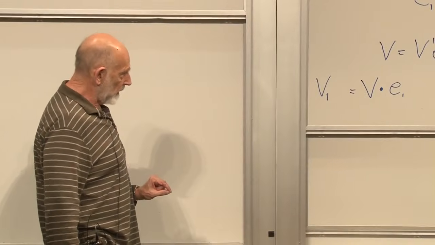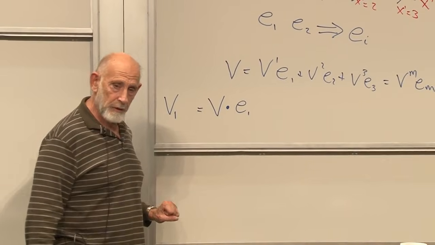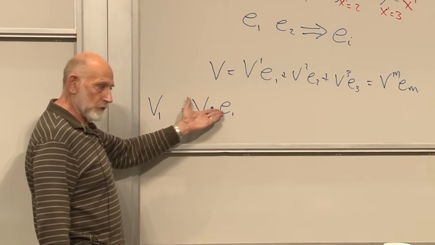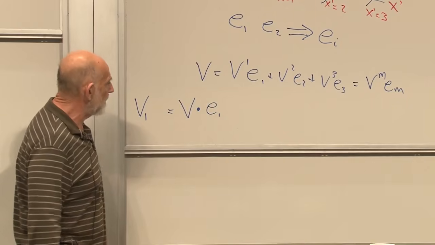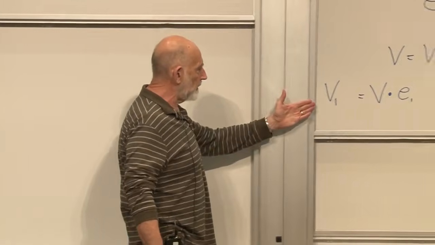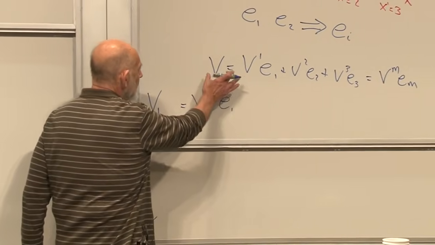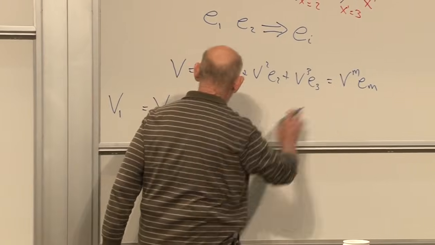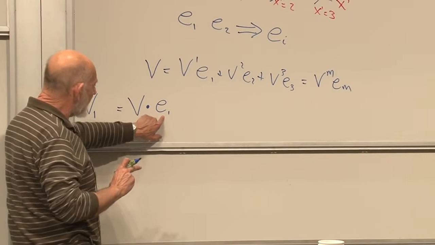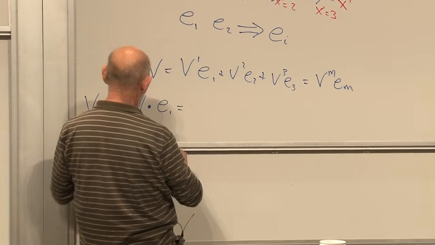The covariant components are the dot products of the vector with what we call the basis vectors. We might as well call them by their name. These are called the basis vectors. And the covariant components are the dot products with these. So let's see what we get. Let's plug in for V its expansion here, and then take its dot product with E. So what is this equal to?